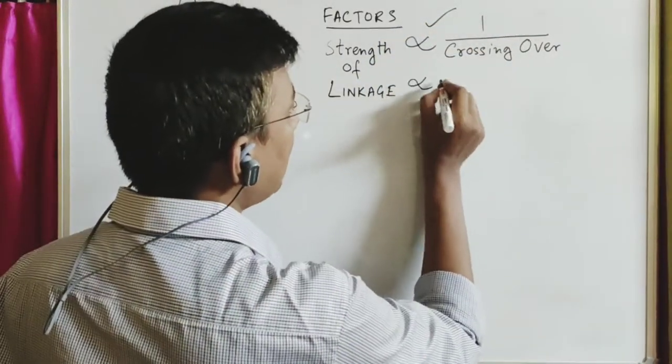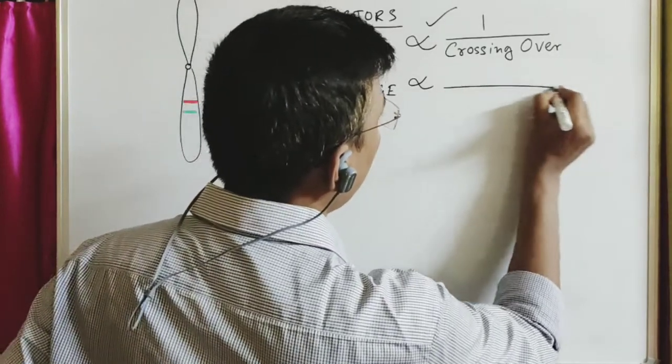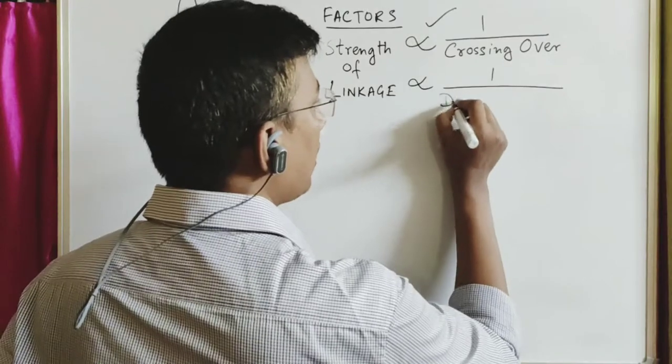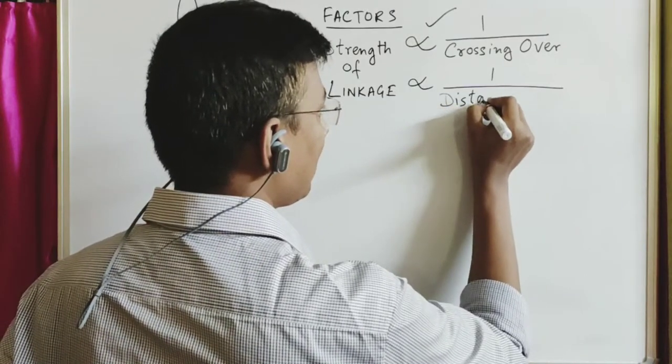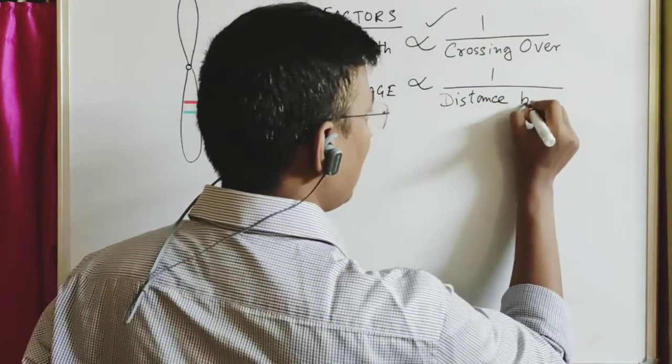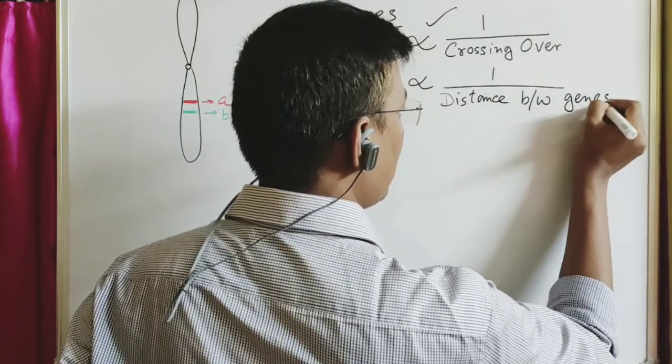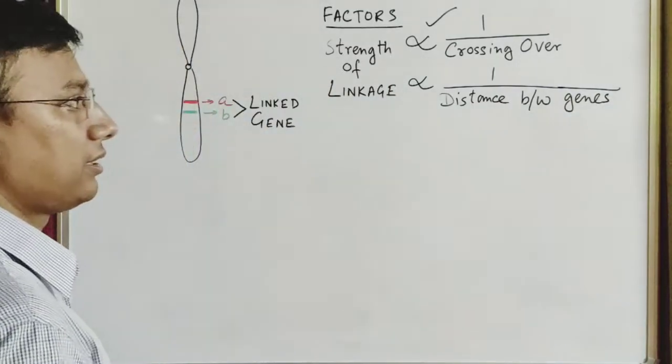The second factor is it's proportional to 1 by distance between genes.